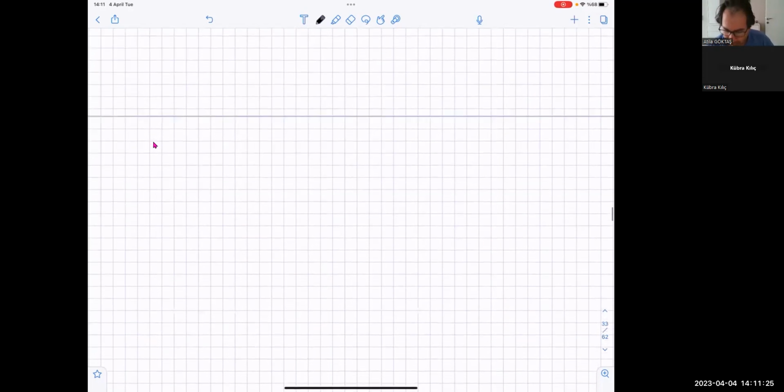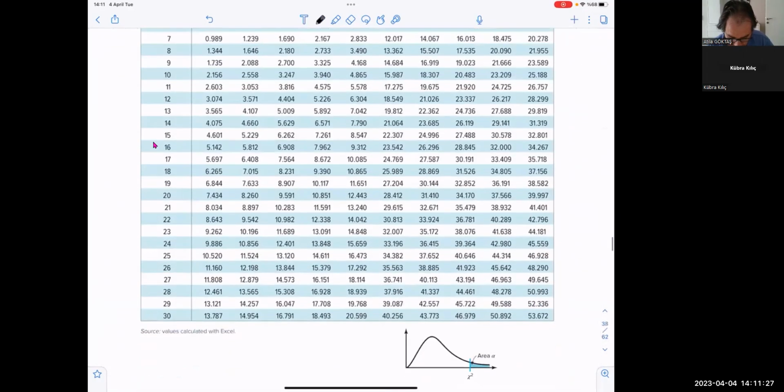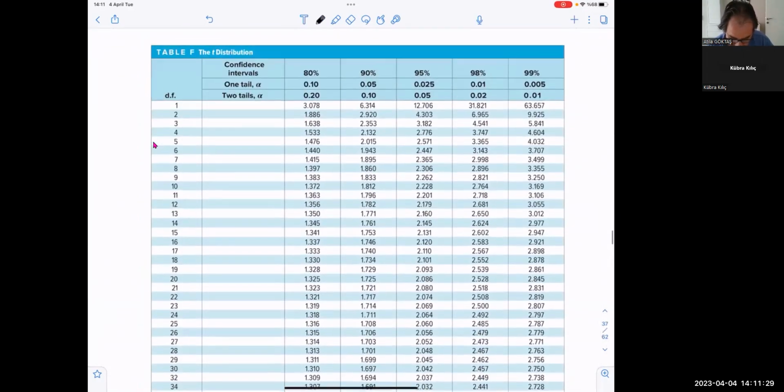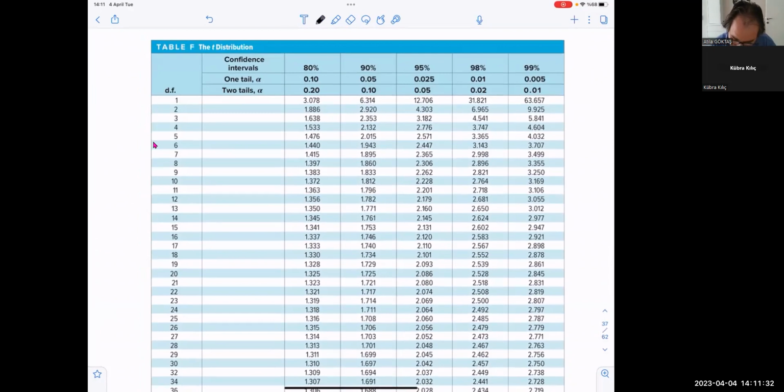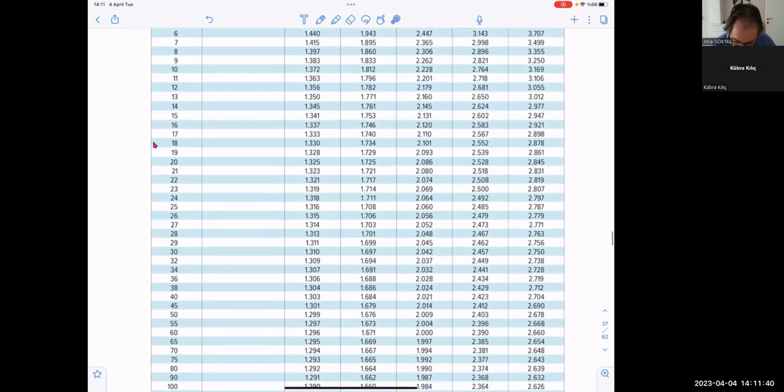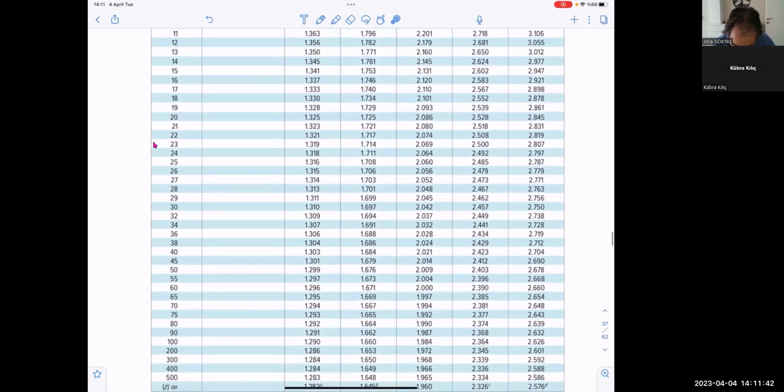So I'll check this value from the T table. This is the T distribution table, and for 0.10, I'll use the first column. The degree of freedom is 53, and unfortunately, we have 50 and we have 55. 50 is 1.299 and 55 is 1.297.